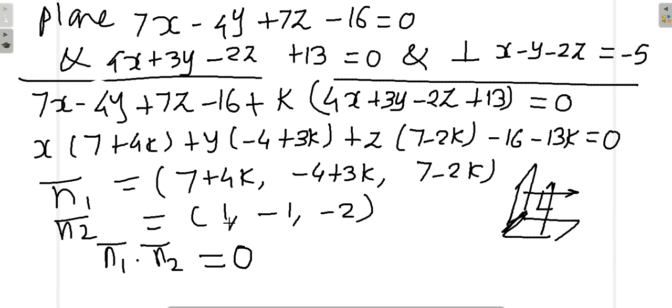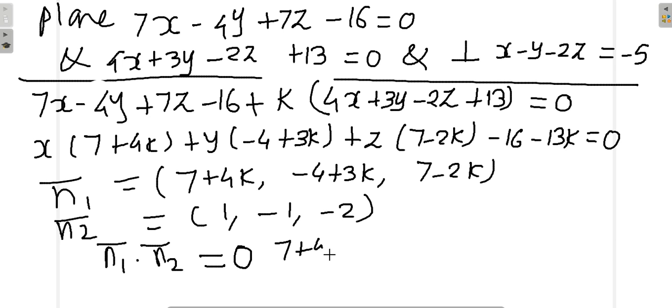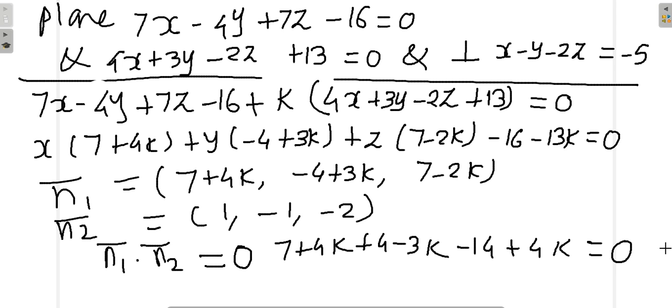So let us find k by doing the dot product. So this is 7 plus 4k into 1 minus 1 into this will give 4 minus 3k, and minus 2 into this will be equal to 0.